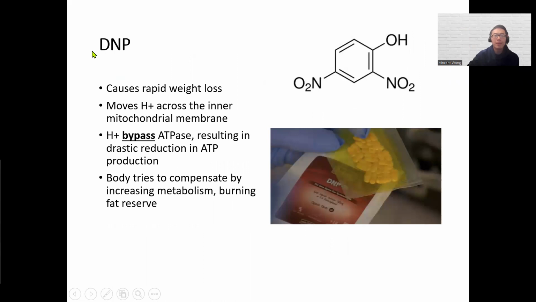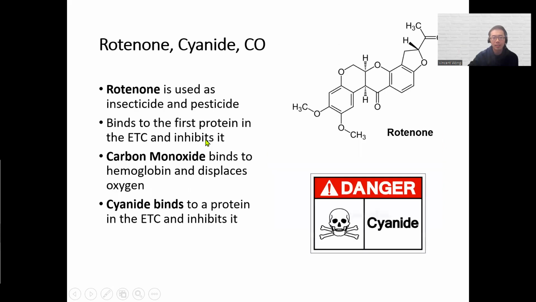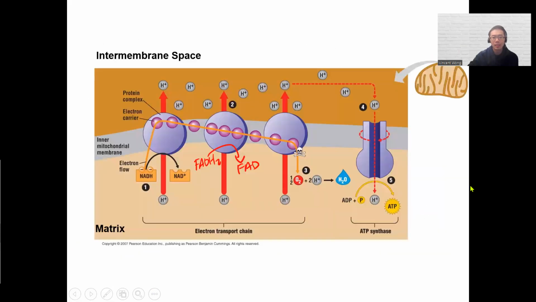DNP. DNP is a substance that is going to make holes in the inner membrane. Let me go back to this picture to show you. If there are holes in the inner membrane, then the H+ no longer need to go through the ATPase, right? They would just leak back through the holes.